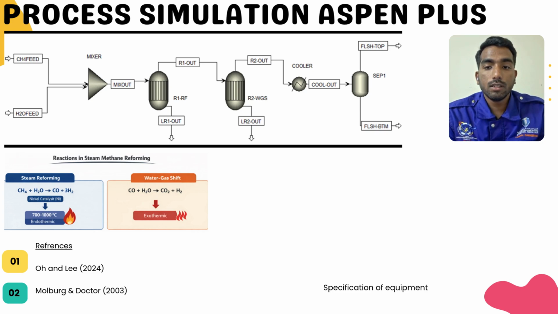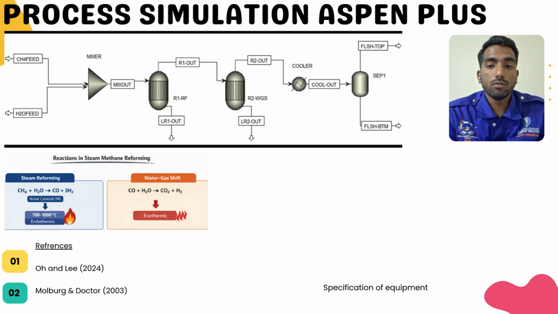The third is R2 WGS. The model I use is also the REquil equilibrium reactor, operating at 400 Celsius and 25 bar, representing the exothermic water gas shift reaction. The fourth is the cooler.